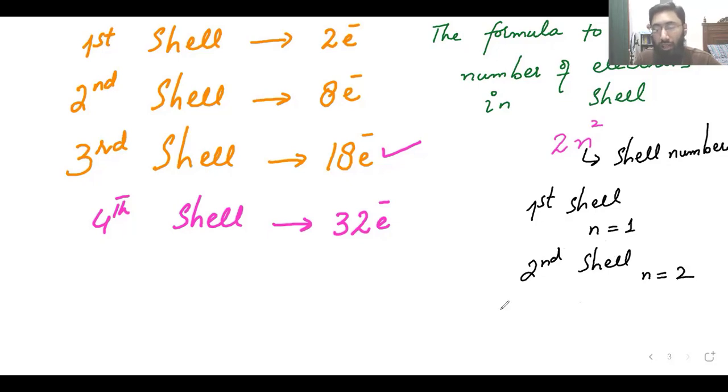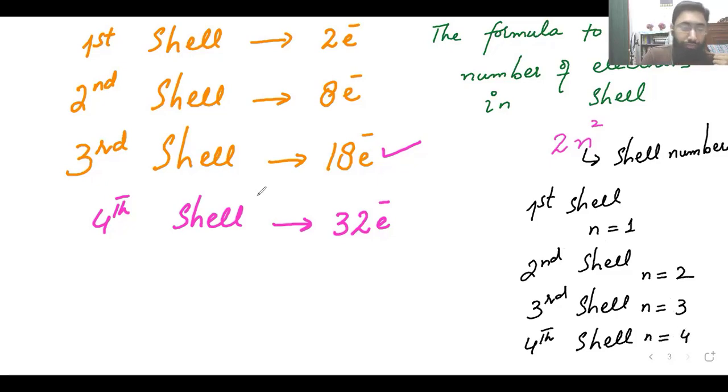For the third shell, the value of n is equal to 3. For the fourth shell, the value of n is equal to 4. Right? Now let's apply the formula.